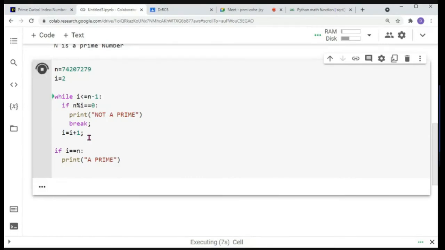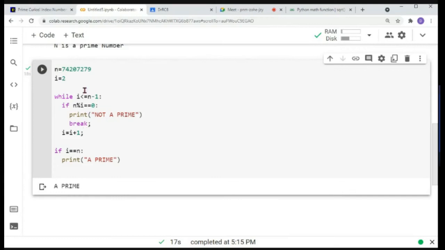It is taking 6 seconds, 7 seconds, approximately 10, 12, 15 seconds. So it's a prime number, and it took approximately 17 seconds. For an 8-digit number, it is taking 15 seconds with this brute force approach.